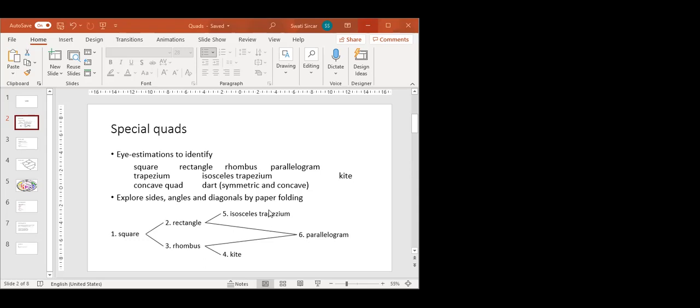Find out for sides: are the sides equal? Adjacent sides, which sides are equal? All, three of them, two of them, opposite sides, adjacent sides, how many pairs of equal sides? All these things can be done. Are the sides parallel? That also can be checked, not very well, but to an extent.